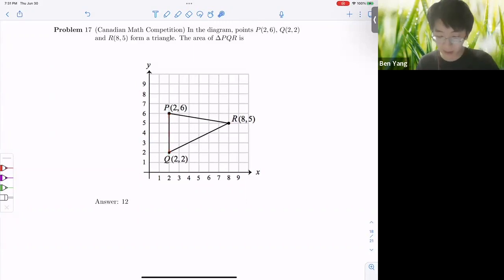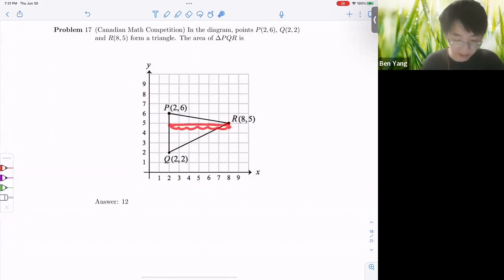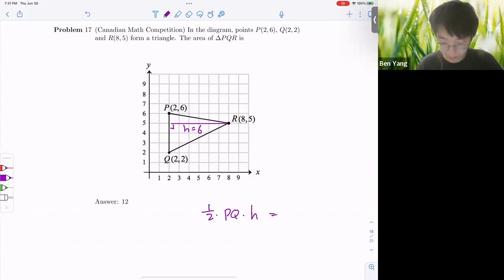That's nice because then it's very easy to find the height that corresponds to PQ. Here's the height, we can just count 1, 2, 3, 4, 5, 6. So the height is 6, and the base is 4. We just do half times base times height, so half times 4 times 6, that's 12.